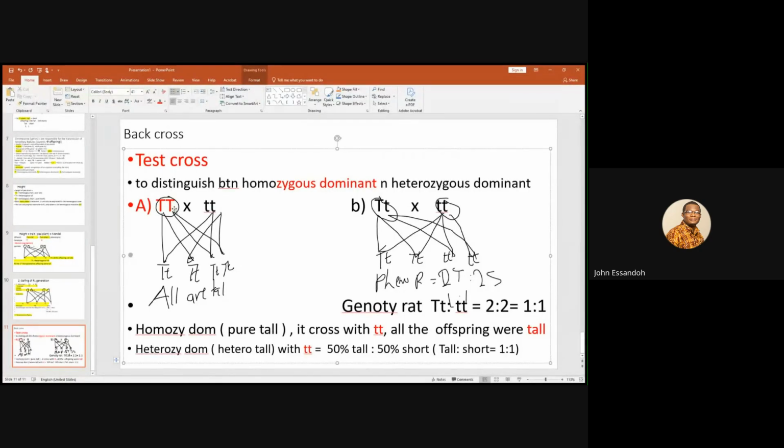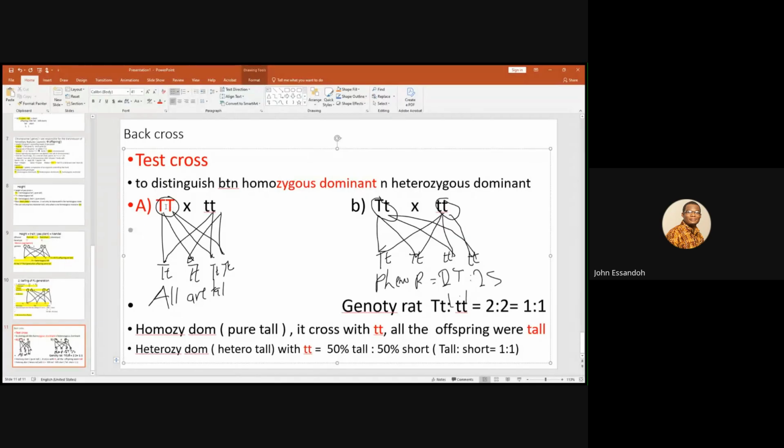My question was, if you look at, for instance, the B1, so you have capital T, small t, capital T, small t, then small t, small t, small t, small t. How will you know that this one is for genotype, this one is for phenotype?